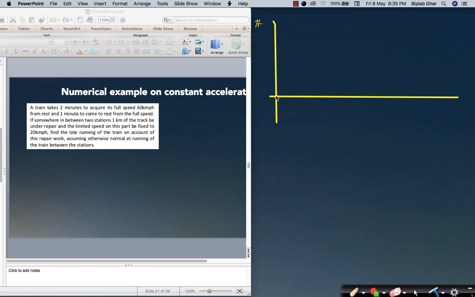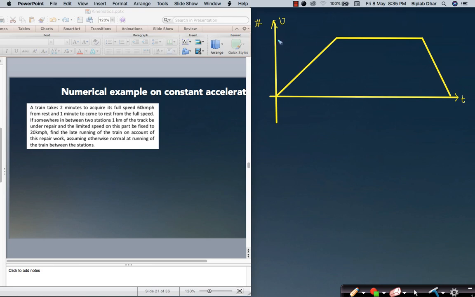It first accelerates such that it has 60 km per hour velocity in 2 minutes of time. Then it moves with 60 km per hour as usual, and after that it comes to rest with some deceleration. This is a typical Vt graph for a normal journey of the train.